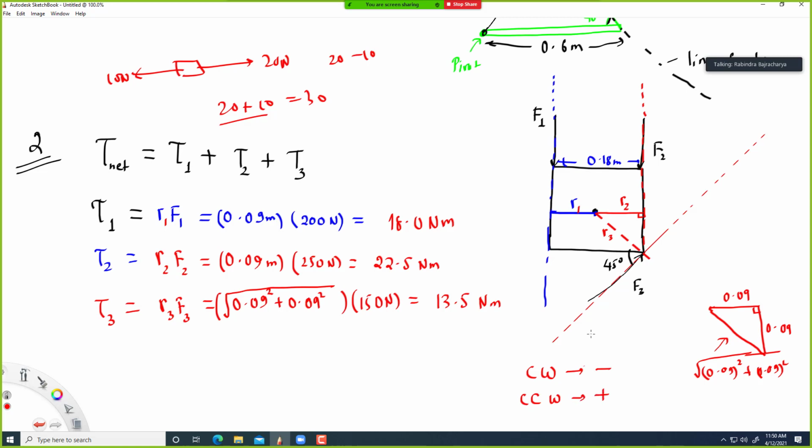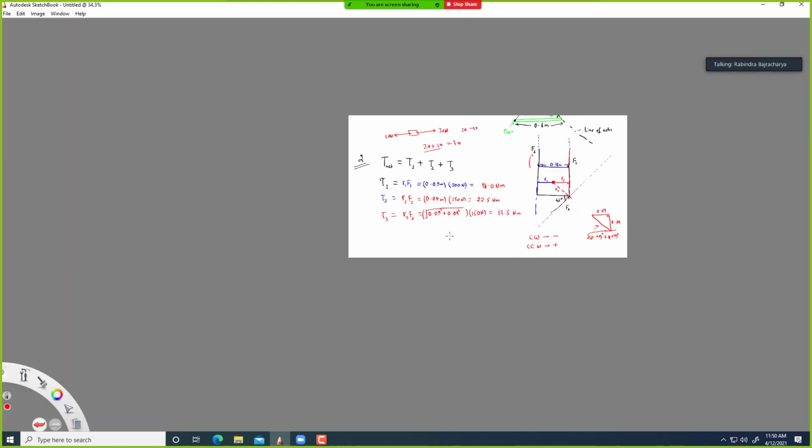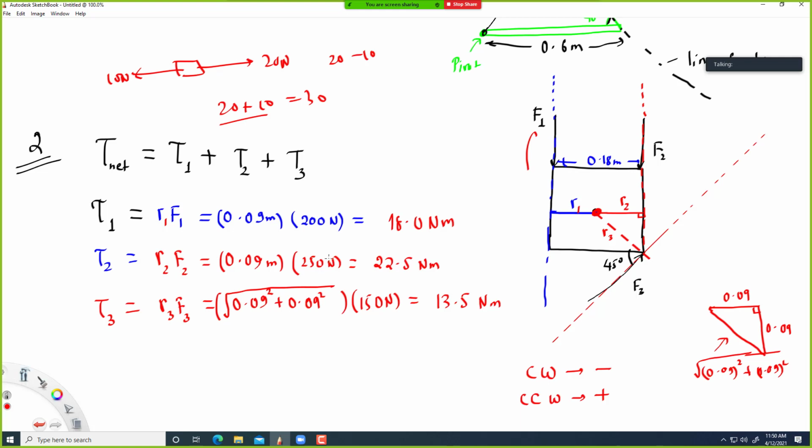So if this is pivot, you apply the force here, will it produce the counterclockwise or clockwise rotation? Imagine you're applying force, yeah, so counterclockwise. So this will produce counterclockwise. So that means this one would be positive.